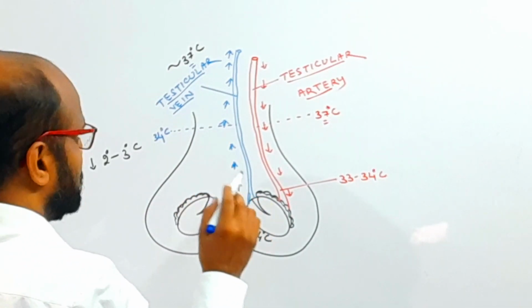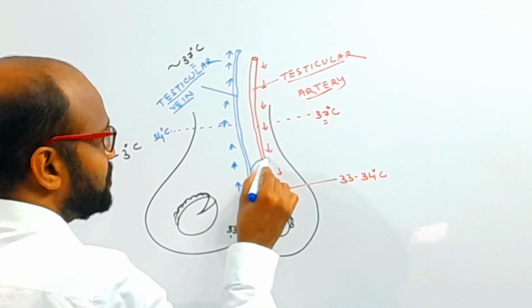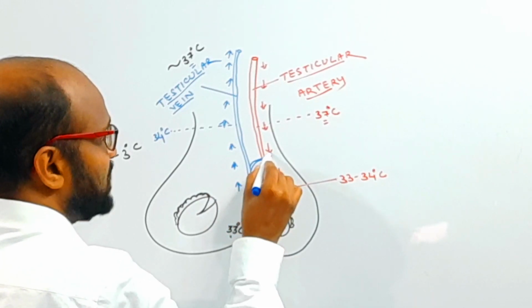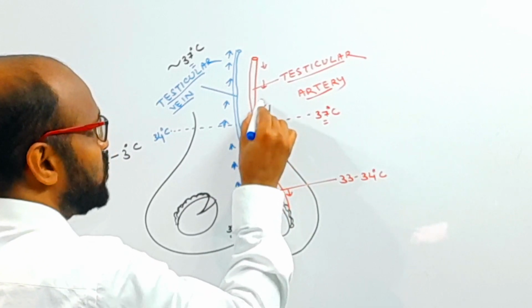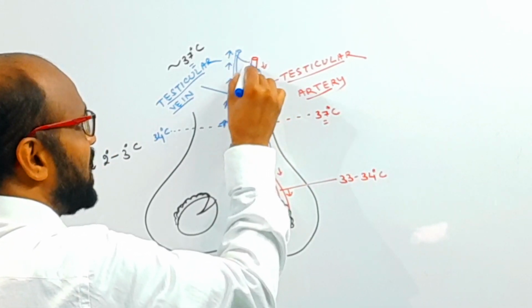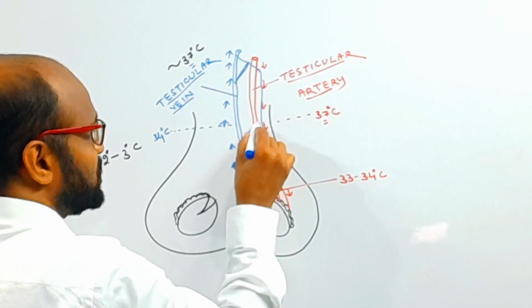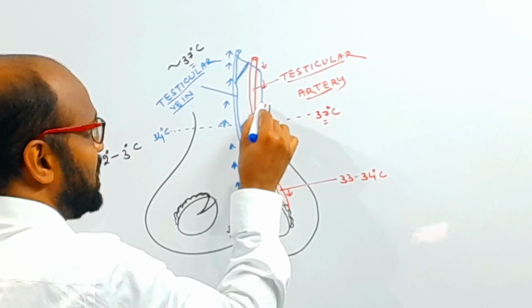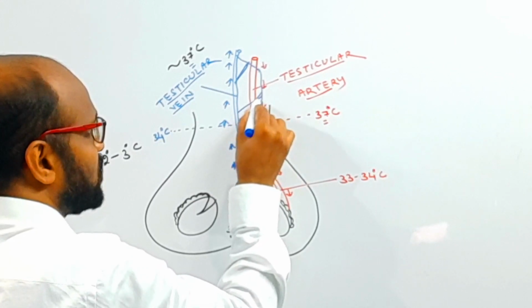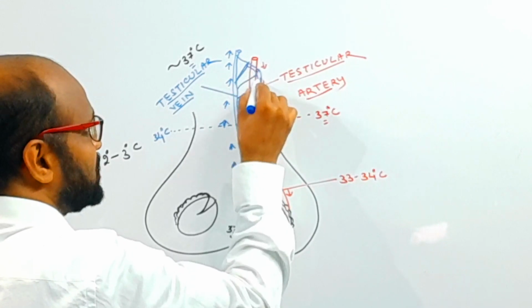How is it possible? The testicular vein forms branches around the testicular artery. So this is the testicular artery, and the venous branches are formed around it. So when the blood flows through these venous branches, heat is absorbed from the testicular artery.